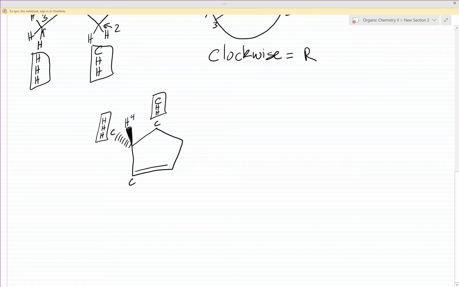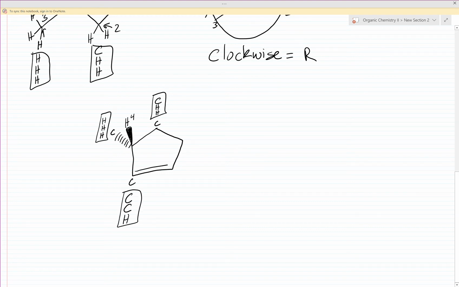The one on the bottom actually has 2 attachments to carbon. It's part of a double bond, and you have to count the double bond twice because it's 2 bonds. So we're going to say it has carbon, carbon, and 1 hydrogen.